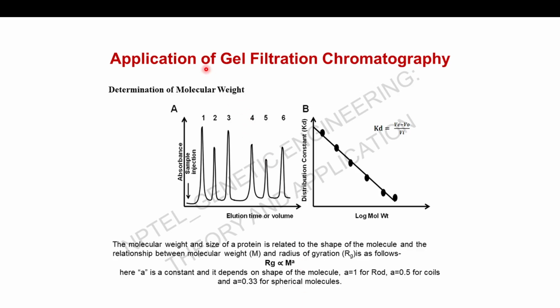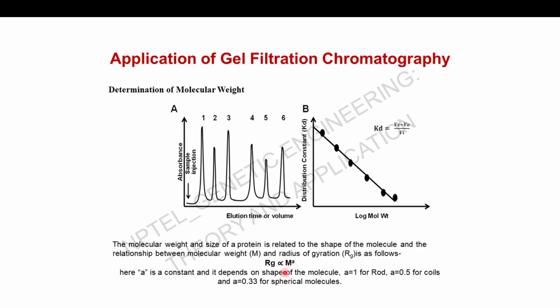Now there can be different kinds of applications for gel filtration chromatography. You can determine the molecular weight in the same way that I showed earlier, right? Based on the time or the elution volume at which your molecule of interest is eluting out. And the molecular weight and size of a protein definitely is related to the shape of the molecule.